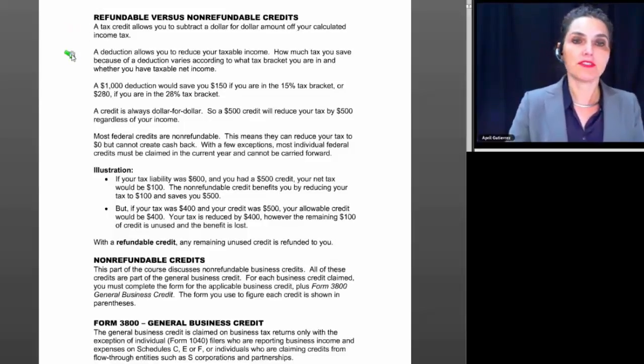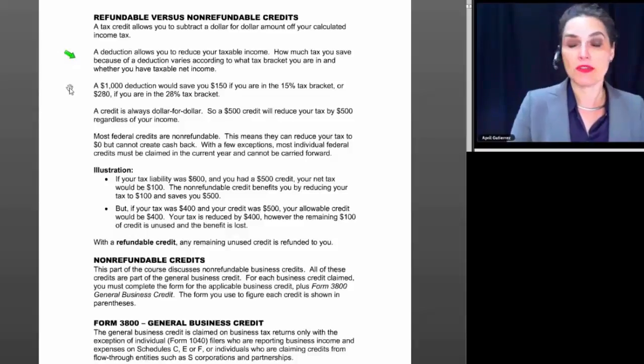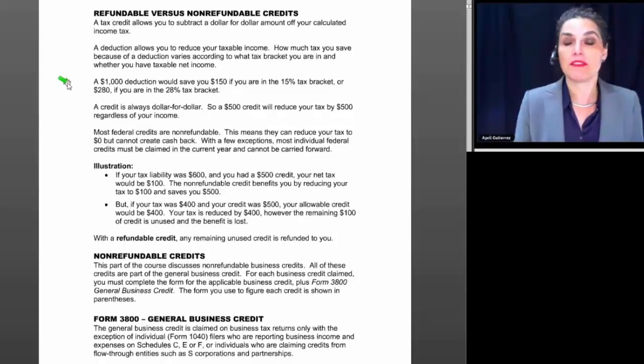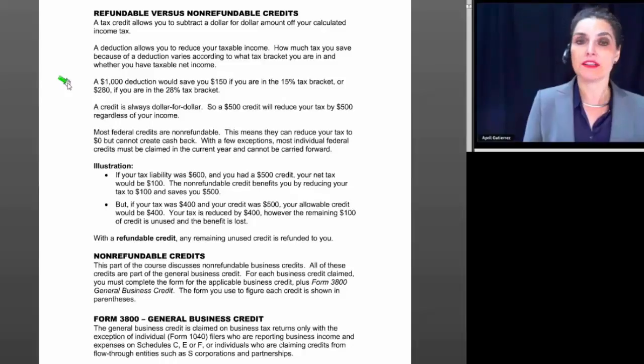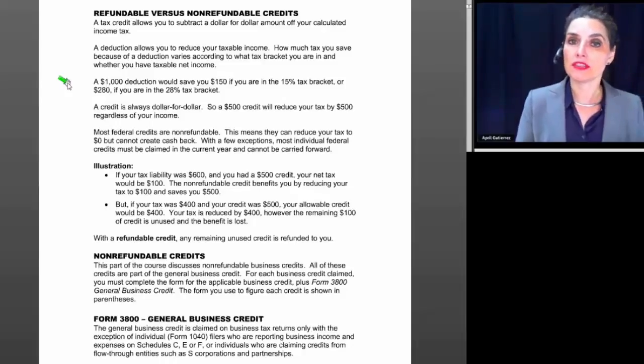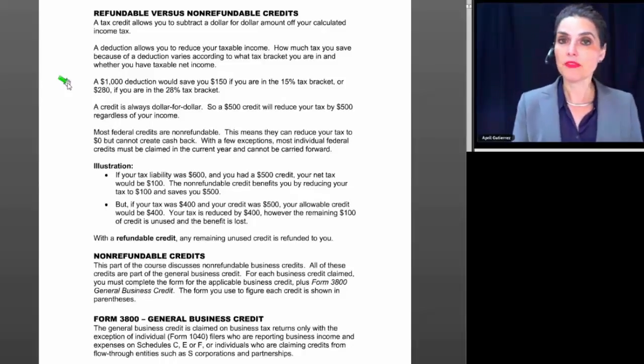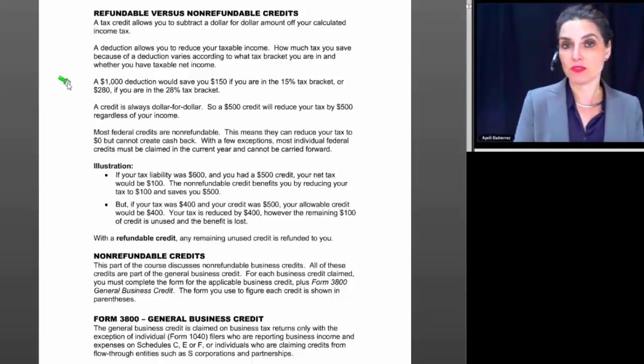A deduction allows you to reduce your taxable income, and how much tax you save because of a deduction varies according to the tax bracket you are in and whether you have taxable net income. It can also be affected by the income level you are at, because certainly with personal credits, income can affect your entitlement to a credit and take it away when your income goes too high. Deductions sometimes have this too, but it's more common with credits.